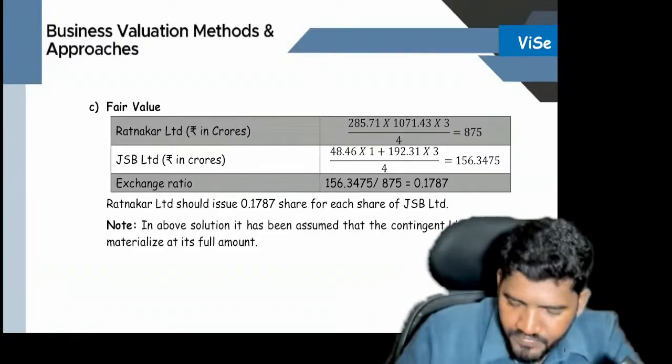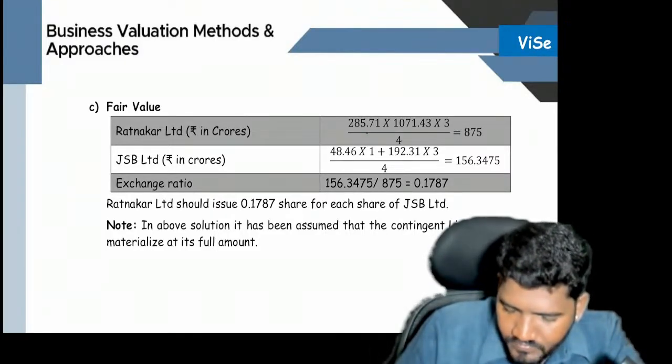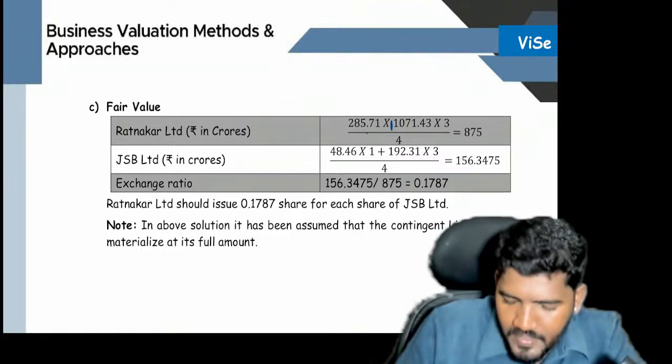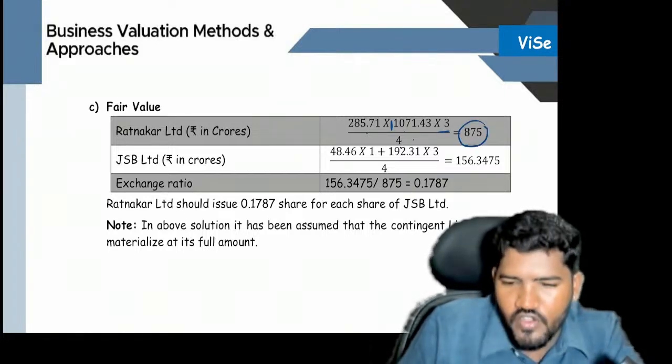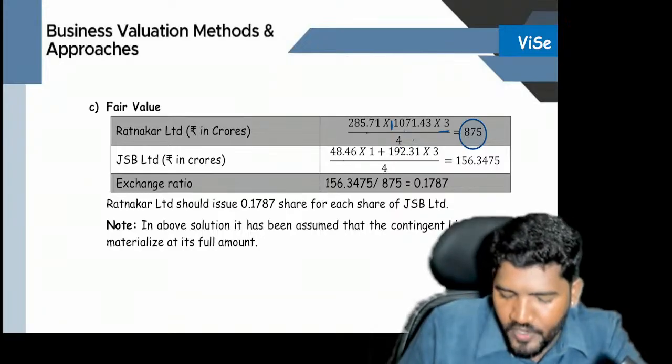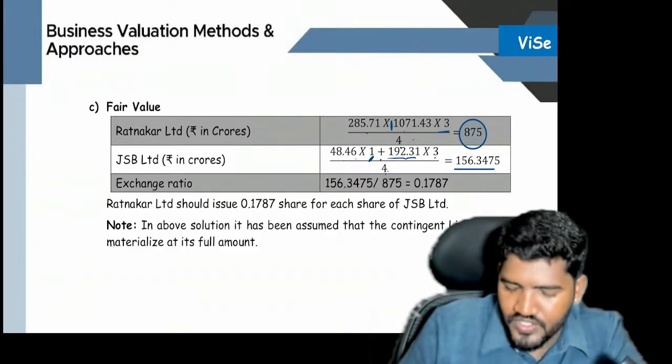Now you can observe, for Ratnakar Limited, net assets into 1 is the weight, earning capitalization into 3 is the weight, divided by total weight 4. You will get the fair value of Ratnakar Limited. 480.46 into 1 is the weight, net assets, JSB Limited point of view, 192.31 into 3 is the weight, divided by total weight 4. You will get 156.3475. Now these are the fair values.